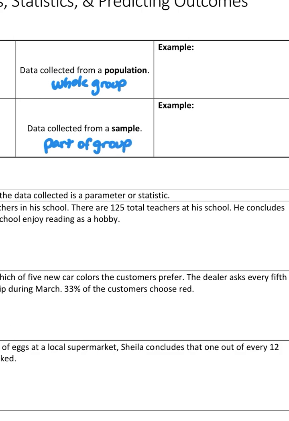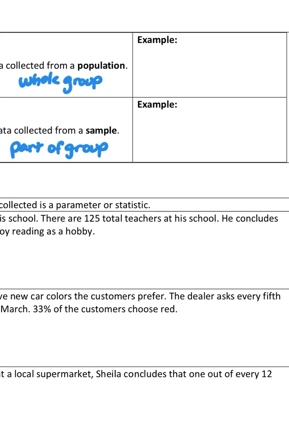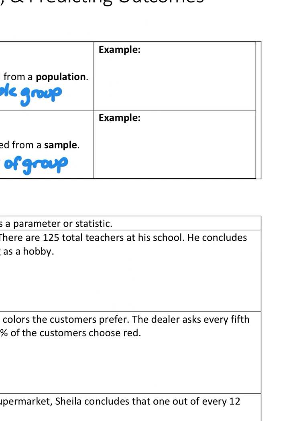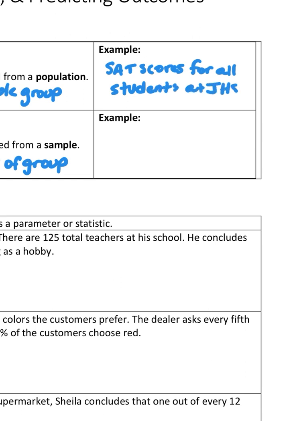So for example, a parameter would be like the SAT scores for all students at JHS, right?